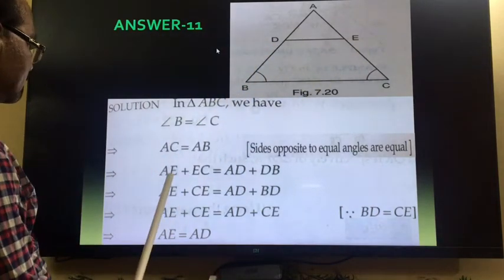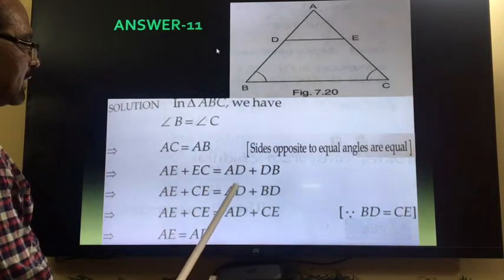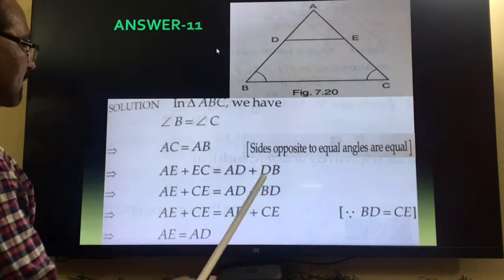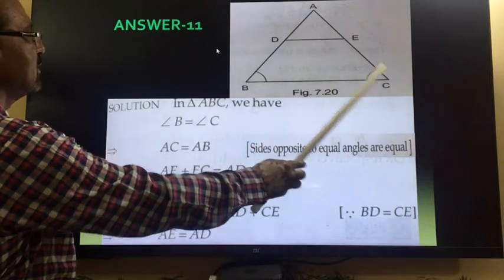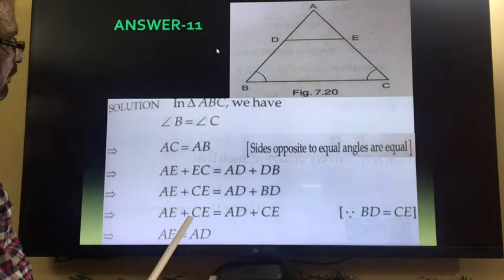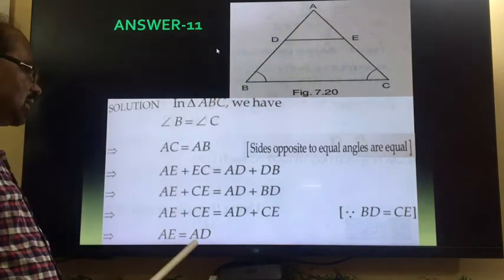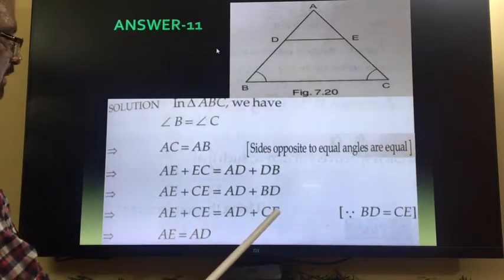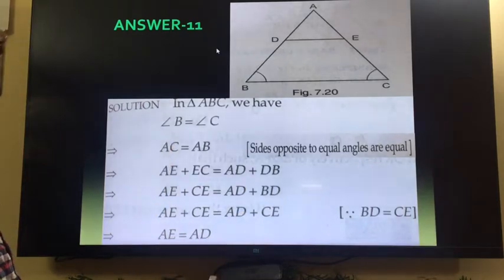So AE plus EC is equal to AD plus BD. Now in place of BD we can write EC. So after writing this, CE will cancel, so AE is equal to AD, hence proved.